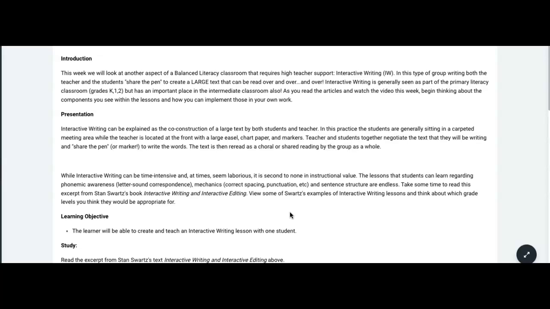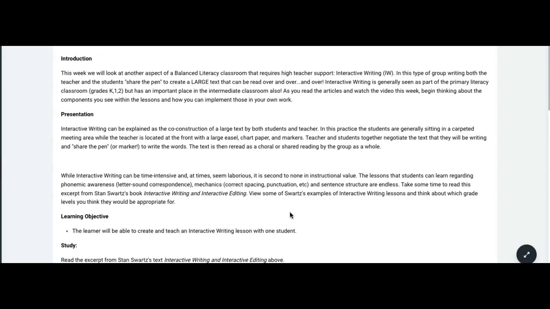The ultimate goal of interactive writing is to shift the control of the writing to the students as independent writers. You will see what you are doing in interactive writing appear in their writing workshop pieces.